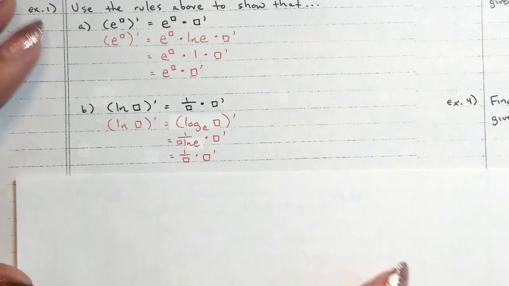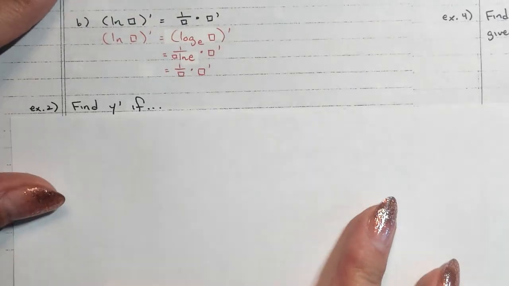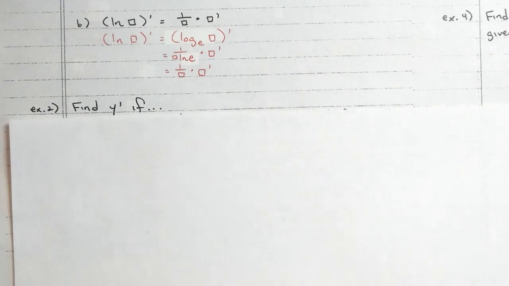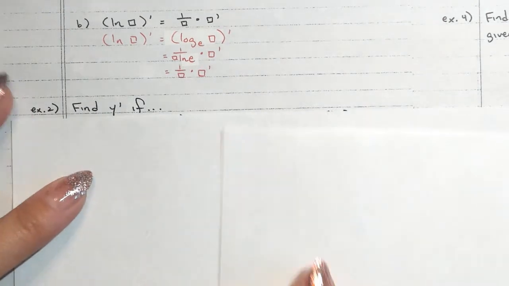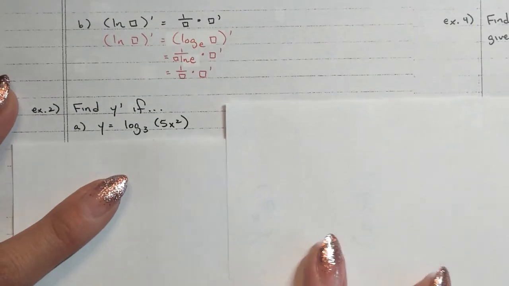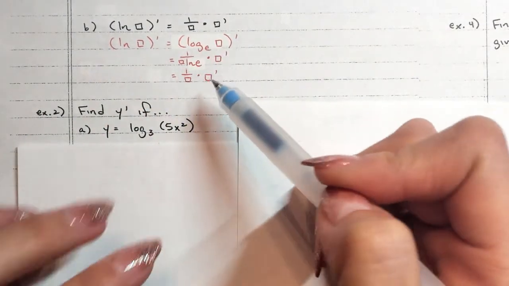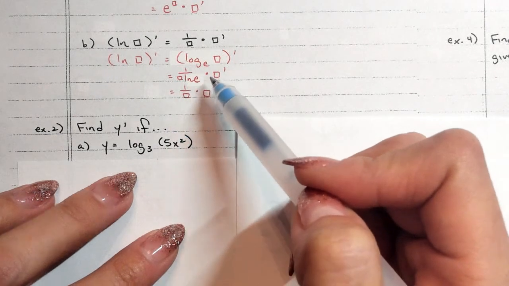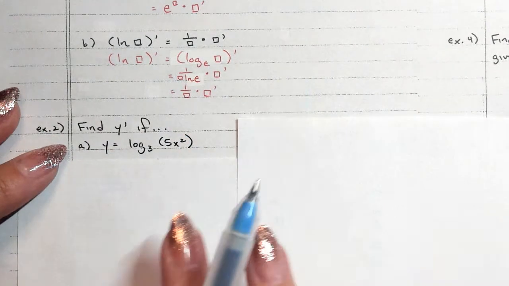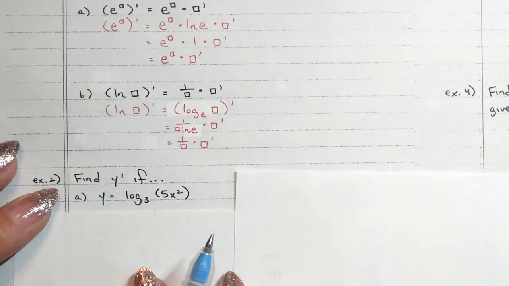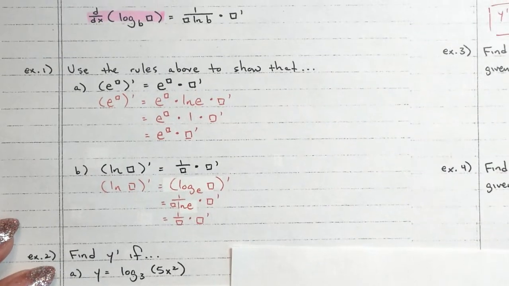Okay, and then let's try an example. So if y prime equals, let's start with this one. So this is log base 3. Okay, so that's a log rule. So I should be able to use this log rule, okay? I'll show you the rule again. It's right here.